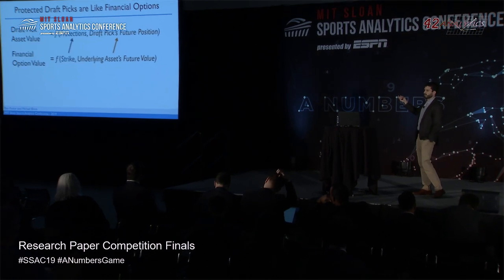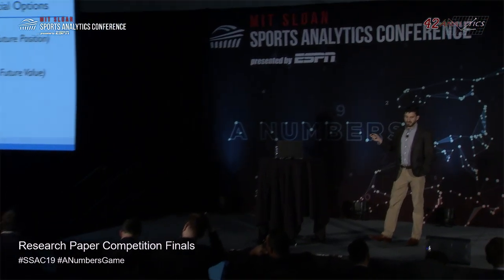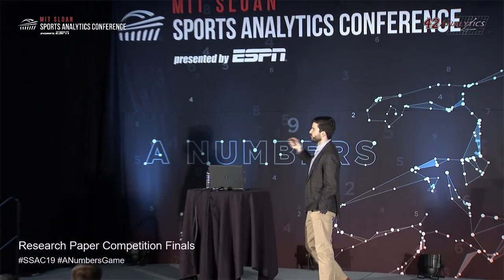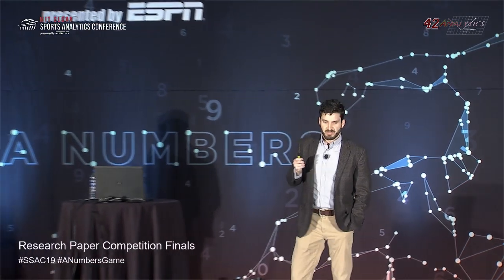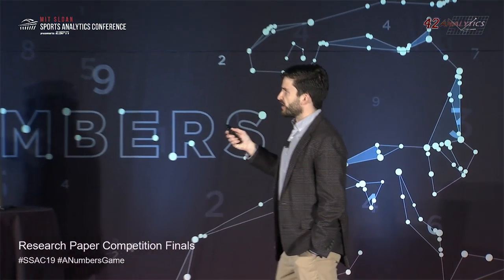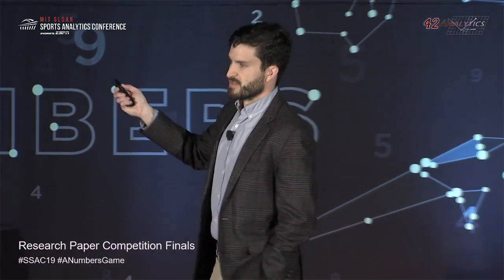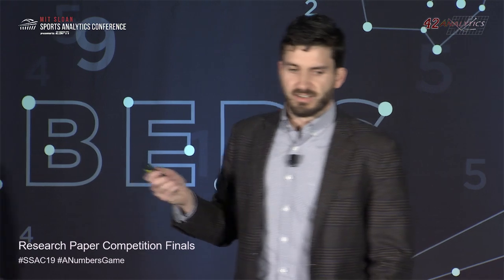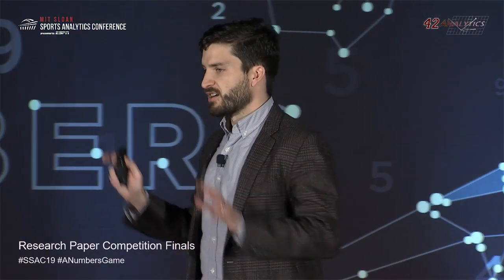In fact, Nobel Prizes have been awarded for describing these models. I'm pretty sure we won't get one for describing draft pick asset values, and we're not even going to use the same math, but the underlying principles that led them to that math are useful in describing draft pick asset value. So these are the broad principles that we adapted.